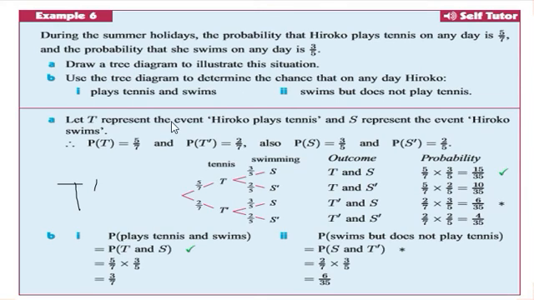Let T represent the event Hiroko plays tennis, and S represent the event Hiroko swims. Okay? So here we have 5 out of 7 that she was able to play tennis. So not being able to play tennis is 2 out of 7, to make a complete 7 out of 7 or 1 probability.